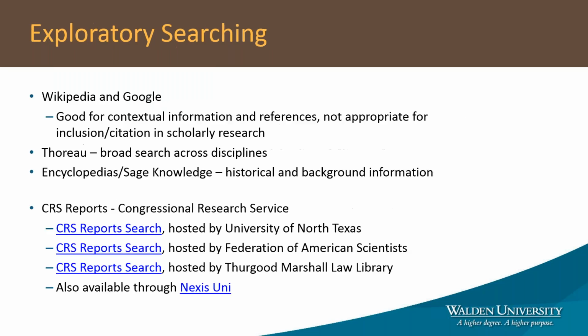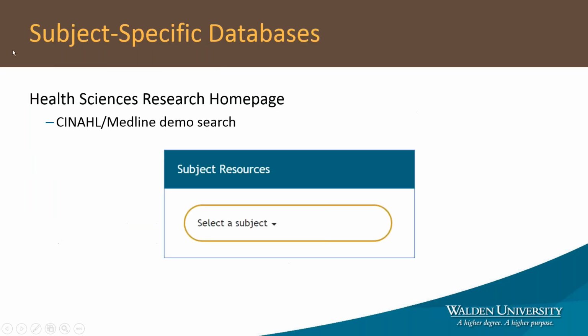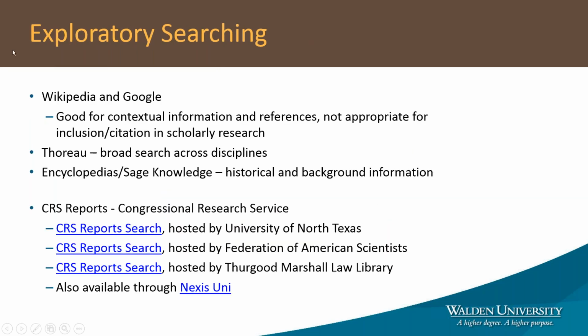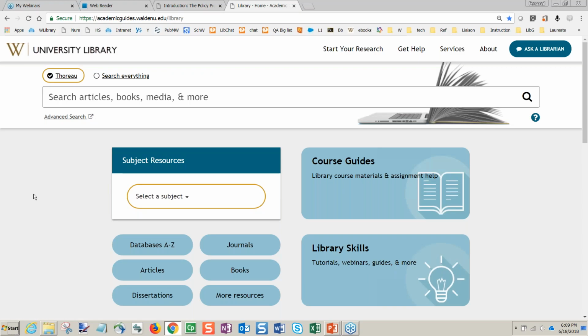Okay. So we're going to do a little exploratory searching. I trust for most people that Wikipedia and Google searching is not a problem, that you are able to find Wikipedia and Google on your own and figure out how to get something out of it. We're going to do a little bit different, things that Google may not find very well, and that is where we go to the library homepage.